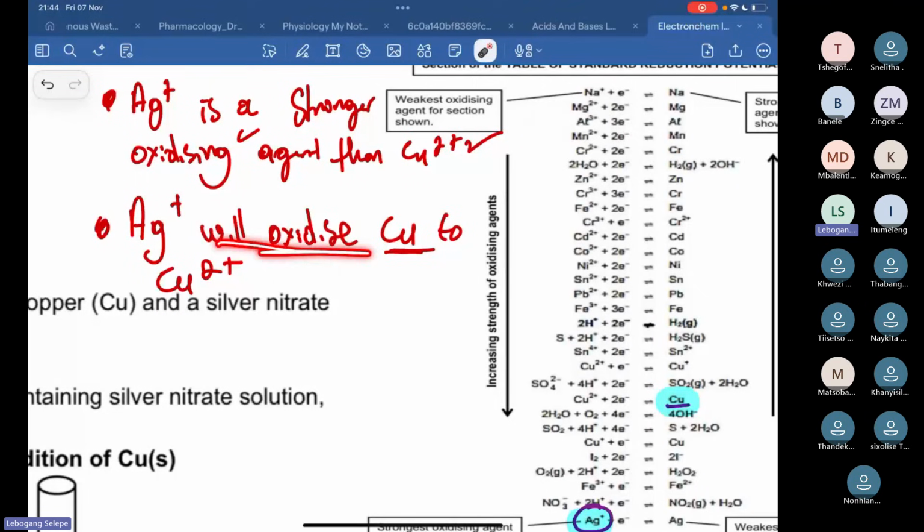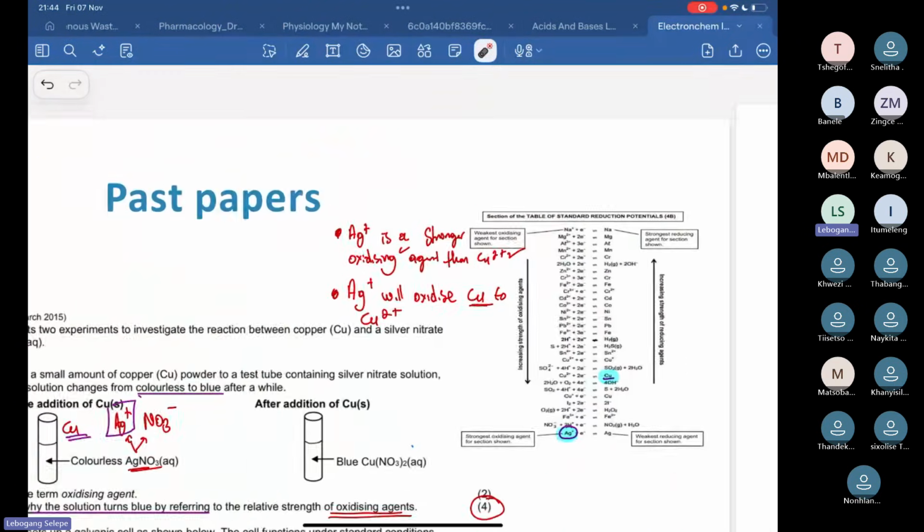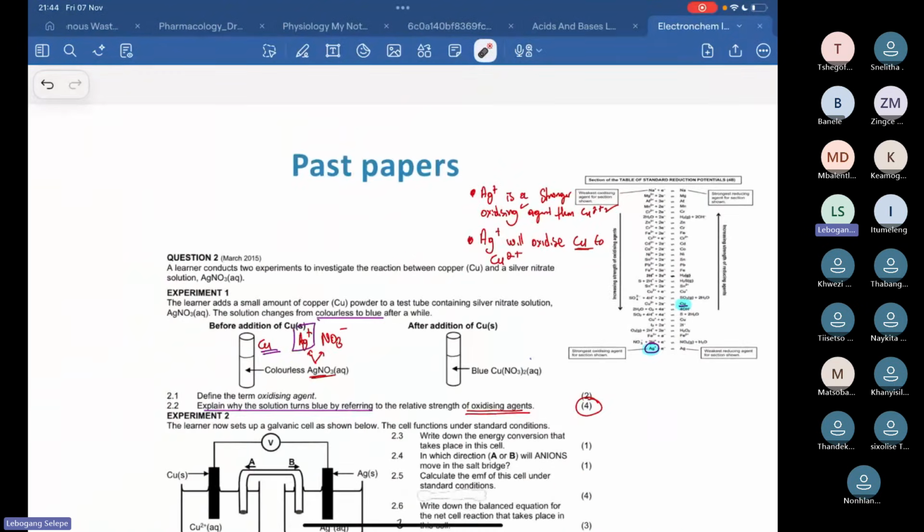Remember, to oxidize is to lose electrons. But when I'm saying Ag is oxidizing Cu, it means that Ag is taking electrons from Cu. This is the first thing we learned at the beginning of the session. Right? So, yeah, that's how you'd explain it.